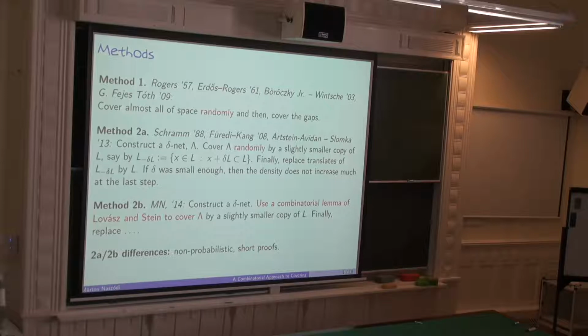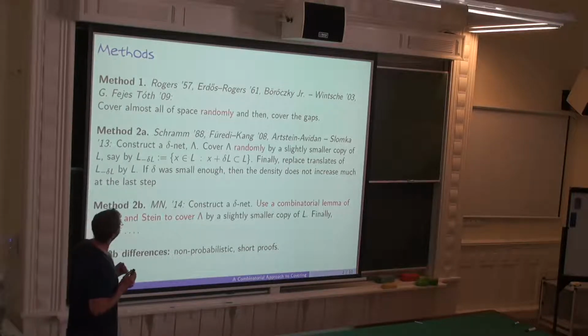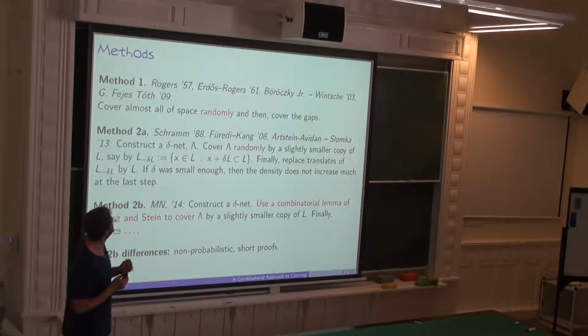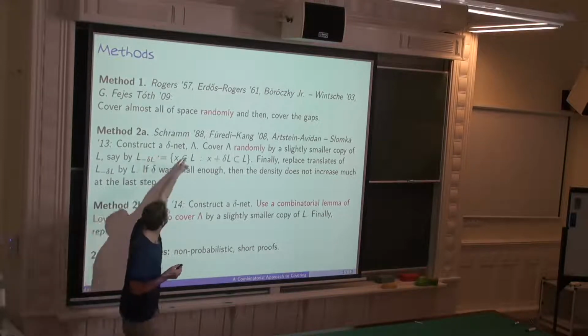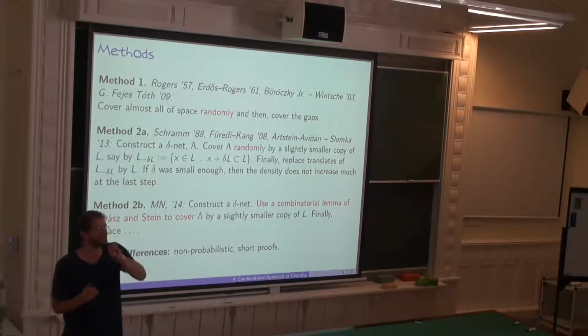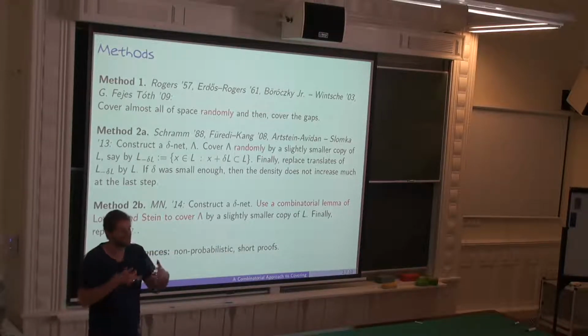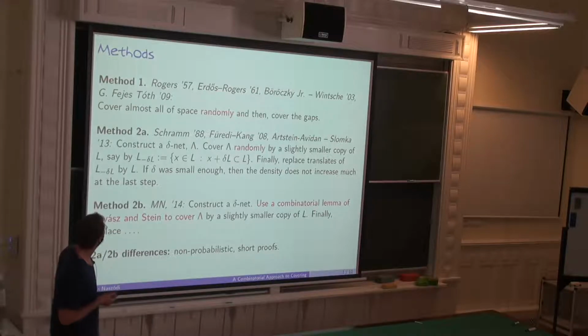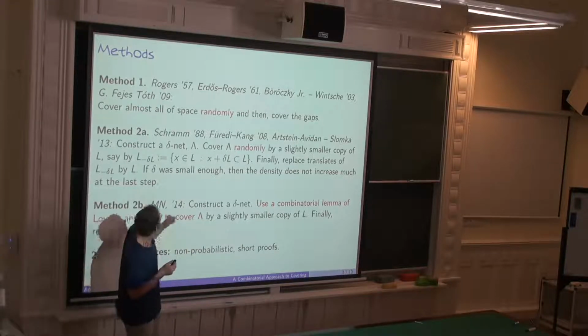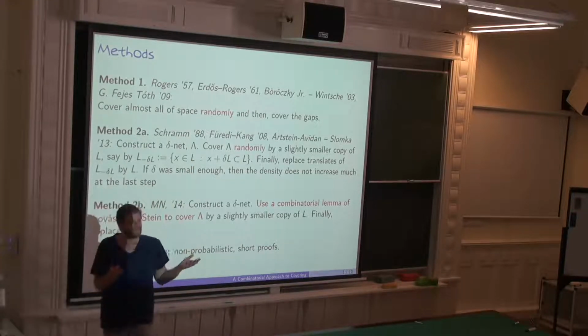You want to cover a set, let's say a box, and instead of covering the box, you take a delta net Lambda in this box, meaning a metric delta net, a dense enough finite set.